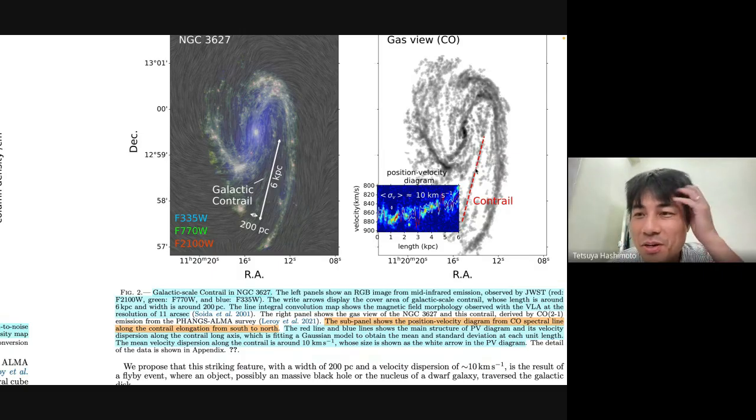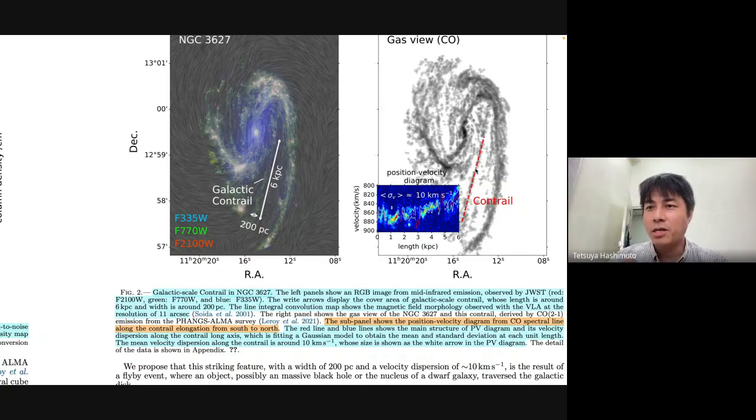I have a question. I think this is interesting. Say this is the trajectory of a moving object, either a black hole or a dwarf galaxy, moving straight. That's why we see a straight line. Then I wonder, is this gravitationally bound in this galaxy, or does it actually reach the escape velocity?